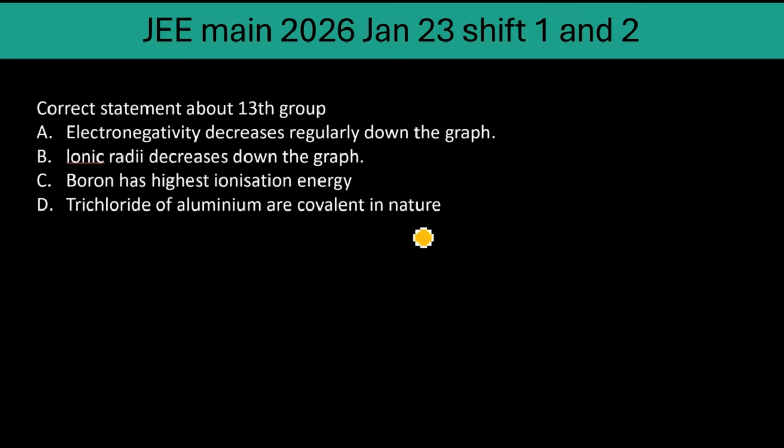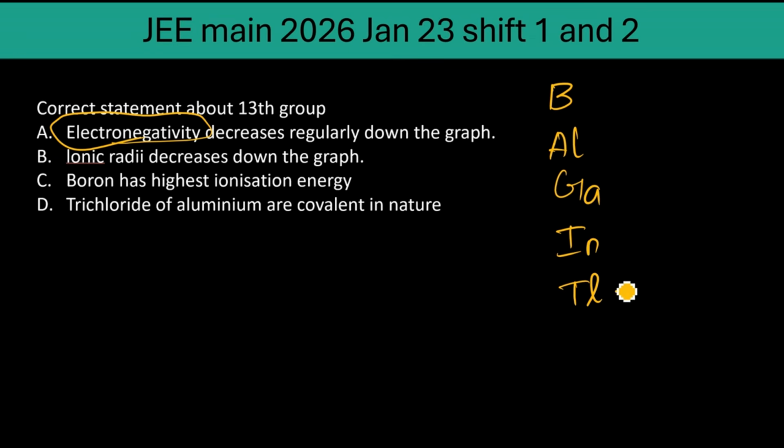So first of all, talking about electronegativity of the 13th group, like boron, aluminium, gallium, indium, thallium, generally electronegativity decreases. But here we have a twist at gallium because of the d-block contraction. So it is not linearly decreasing down, which makes it an incorrect statement. Then ionic radii decreases down the group.